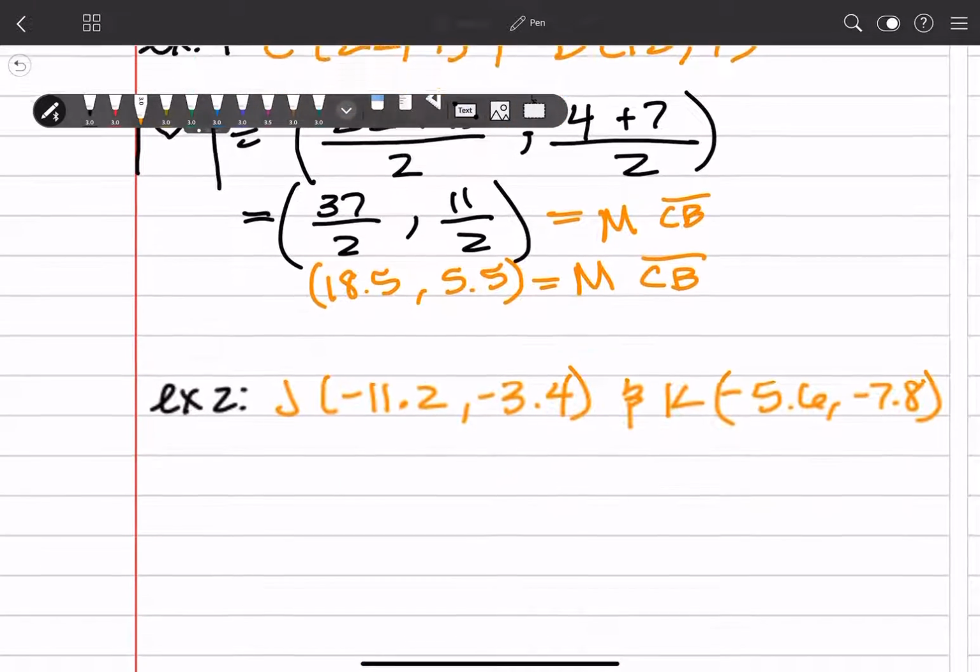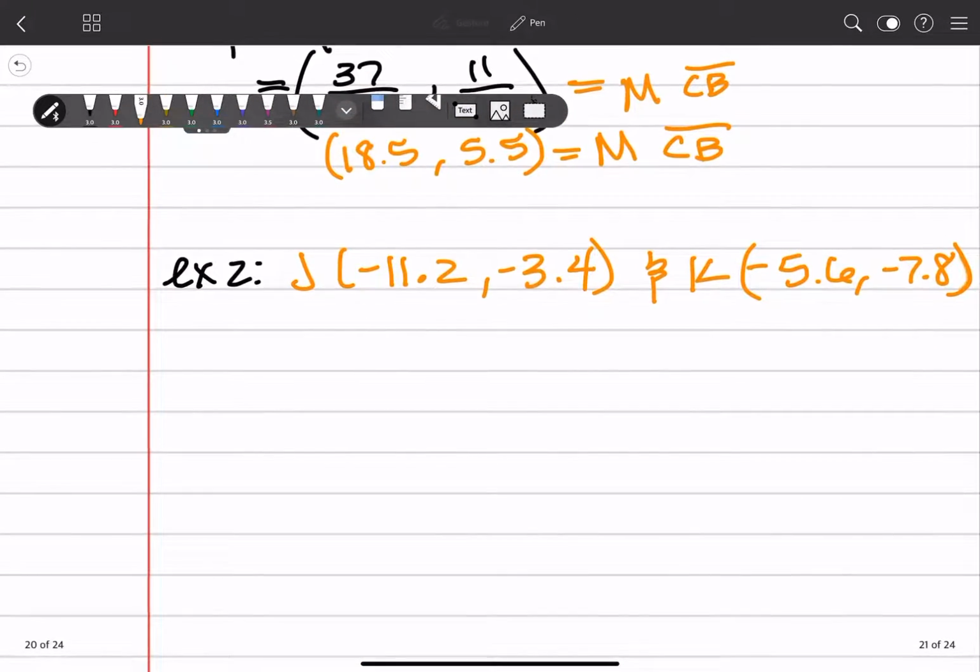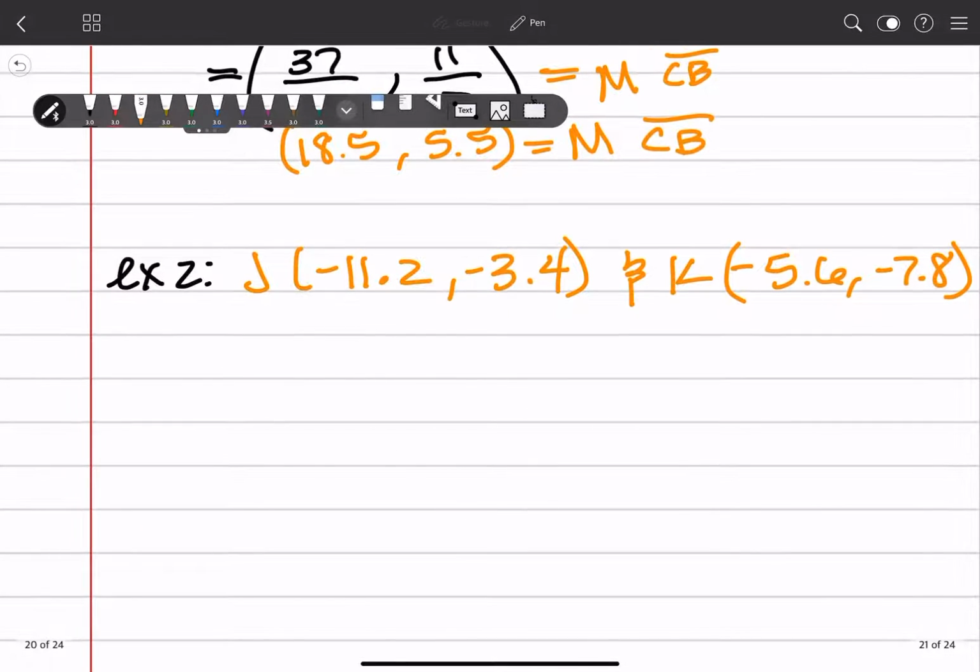Now, our next example right here, that's not how it is. They gave us decimals, and you're like, this is gross. I have to put decimals in fractions. It's okay. You'll be fine. We got this, Buffaloes. So we're going to do a capital M, and we're going to write down our formula. I always want you to write your formula first.